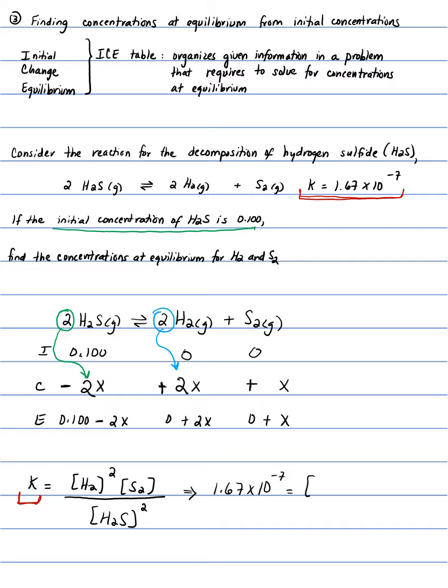For H2, it's 2x, and the concentration for hydrogen is squared, so I have my number right there. For S2, it's x, and for that one we just have 1.